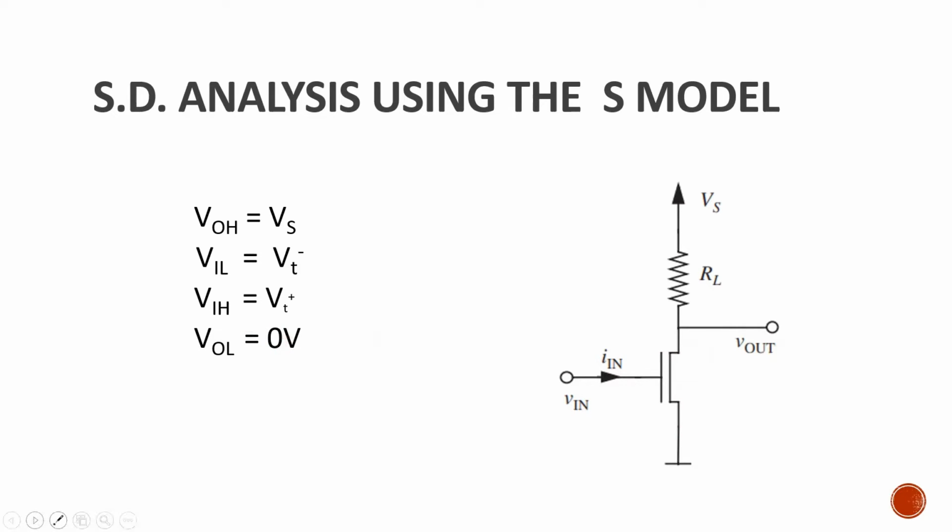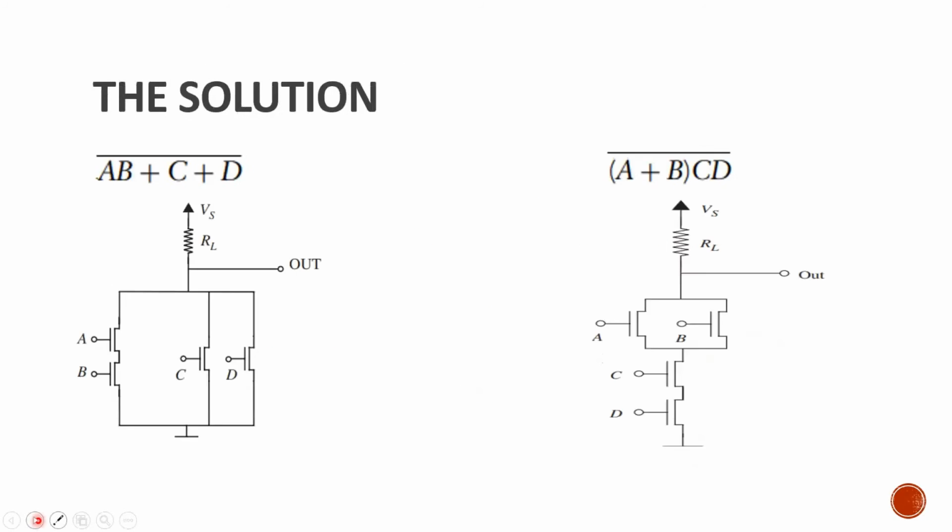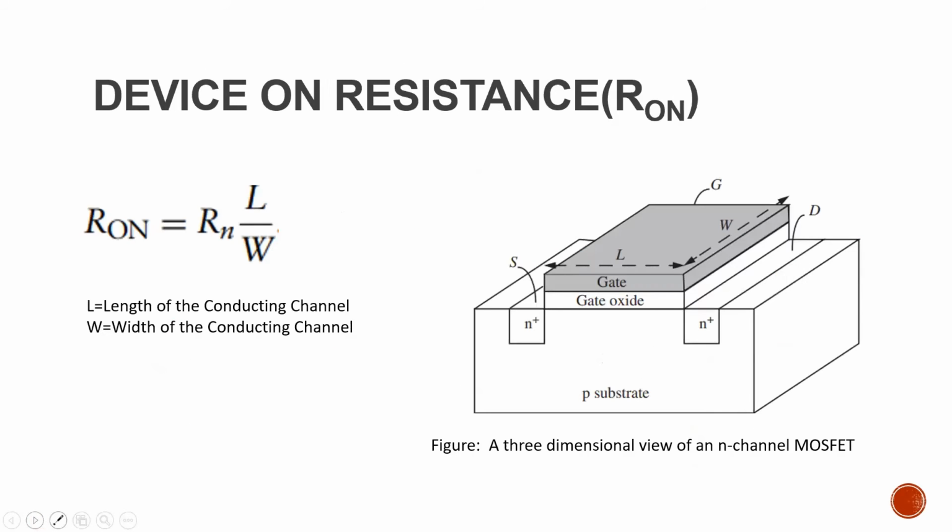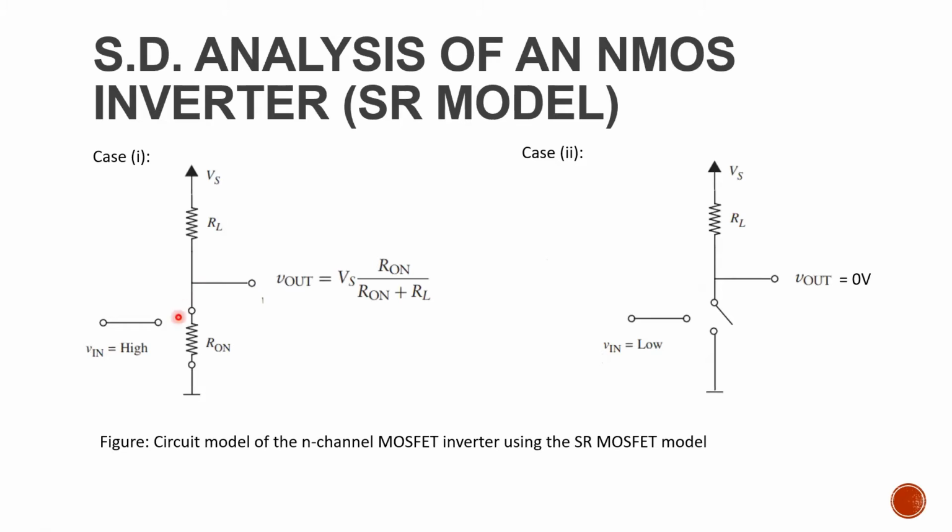But now in the switch-resistor model, by using some network theory formula, the voltage division principle, that is, across resistance by total resistance into total voltage. That is, R on by total resistance, R on plus RL, into the total supply voltage Vs.